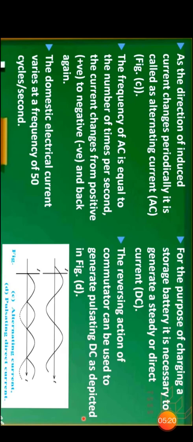The frequency of AC is equal to the number of times per second the current changes from positive to negative and back again. The domestic electrical current varies at a frequency of 50 cycles per second. For the purpose of charging a storage battery, it is necessary to generate a steady or direct current, that is DC.